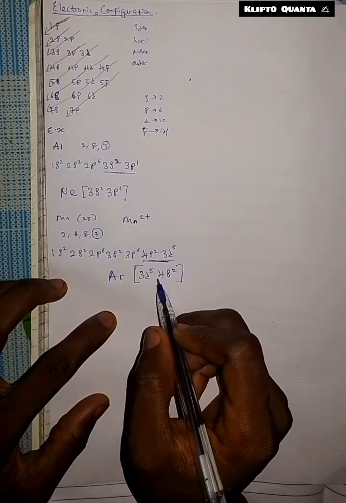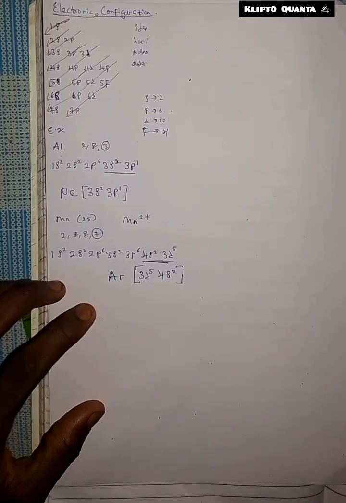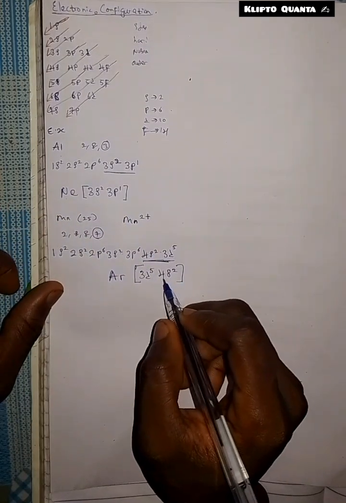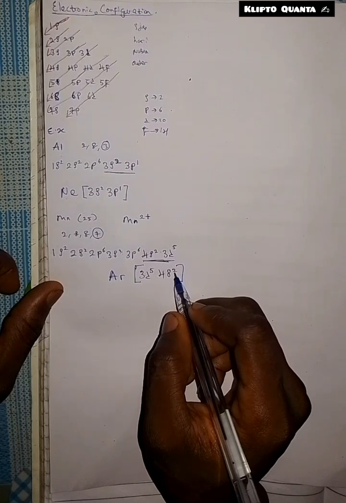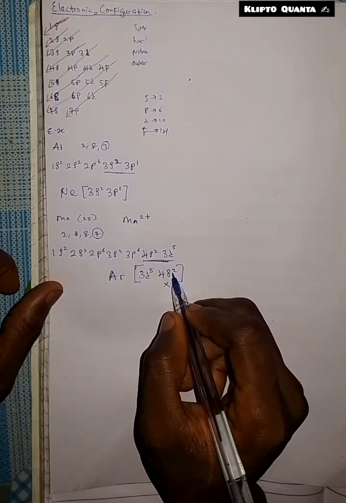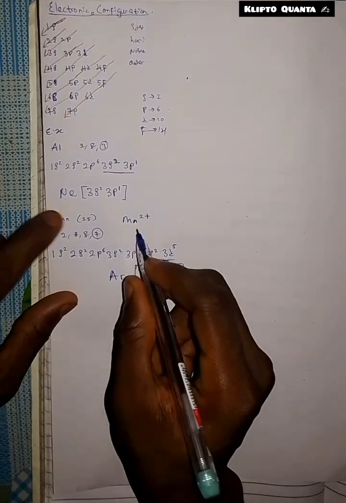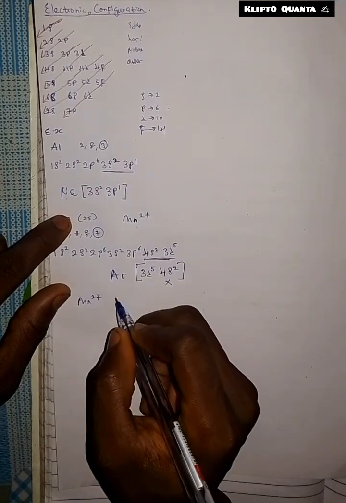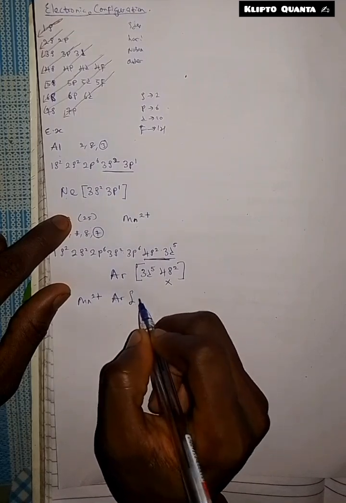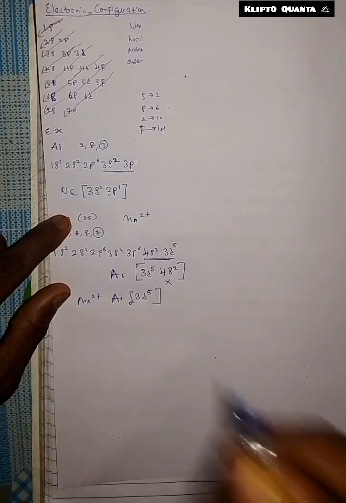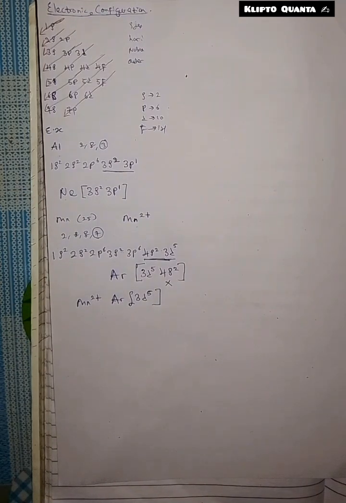Since we know that manganese loses 2 electrons here, you now look: if I remove 2 electrons here, this is gone, this is gone already. Then it is not enough. That means if I have Mn2 positive, it will be Ar in bracket, then 3d raised to power what? 5.